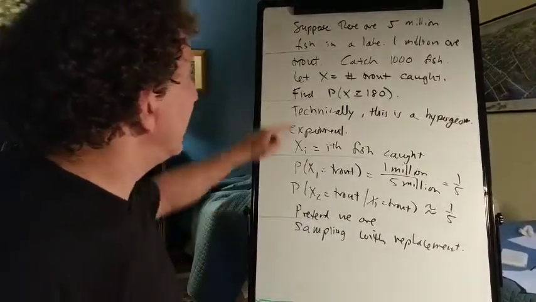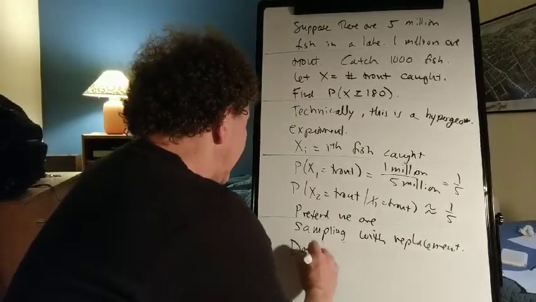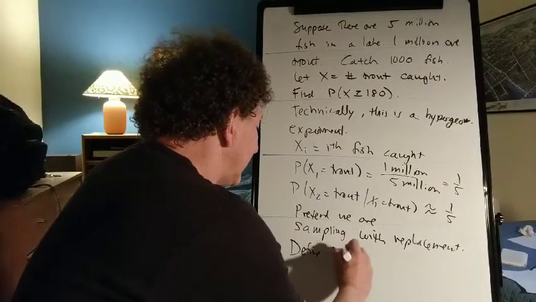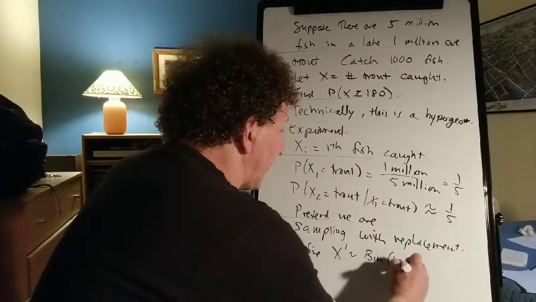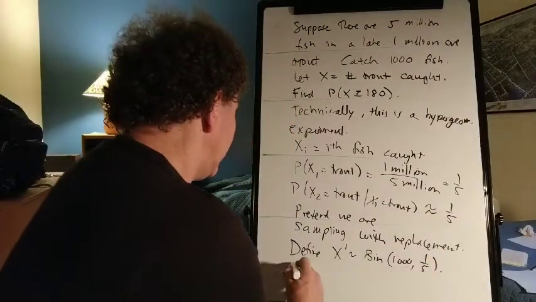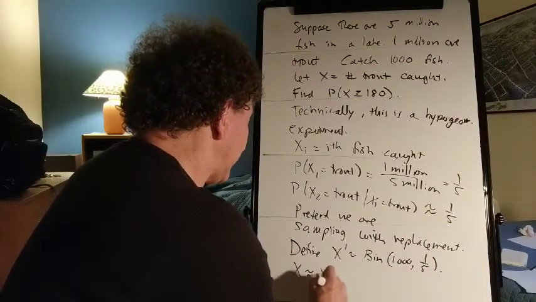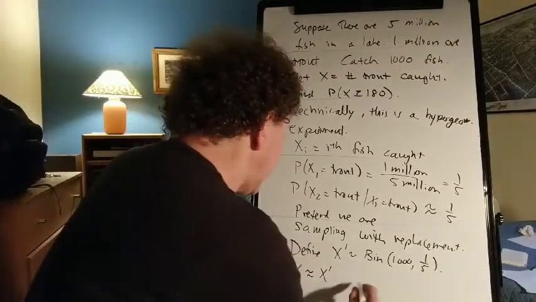So x is technically hypergeometric, but let's define x prime, which is a binomial experiment with 1,000 trials and a probability of 1/5 of a success. So x is approximately this binomial random variable x prime.